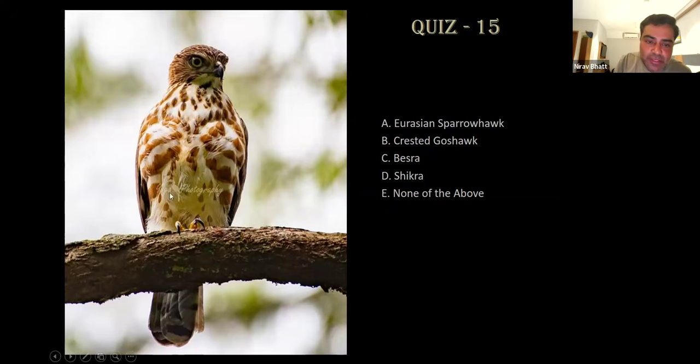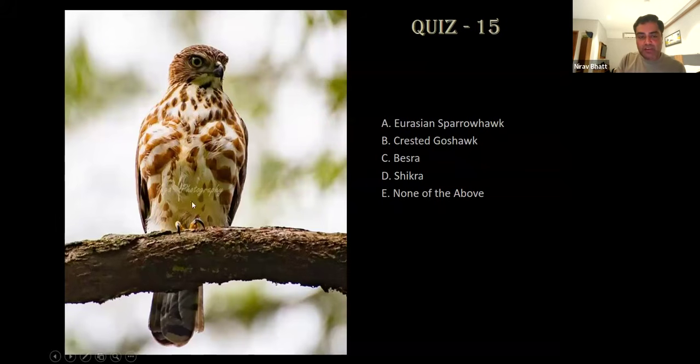Now, we will try to eliminate Shikra here. The kind of prominent barring here, very big barrings. Vertical streakings up to the throat and barring on the belly with more white on the underparts.